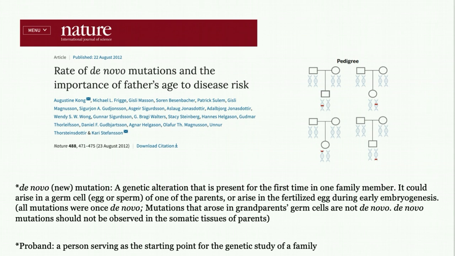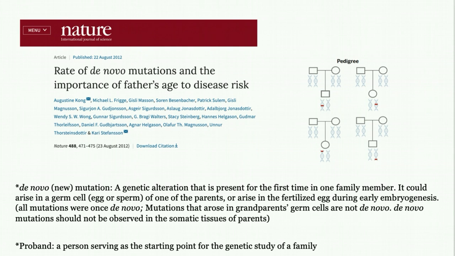In this study, it mainly focused on the effect of the father's age on mutation. Based on this study, they didn't observe the maternal age effect. But later in other studies, they were able to observe that as women age, the mutation rate will increase slightly, not as dramatically as with paternal age.